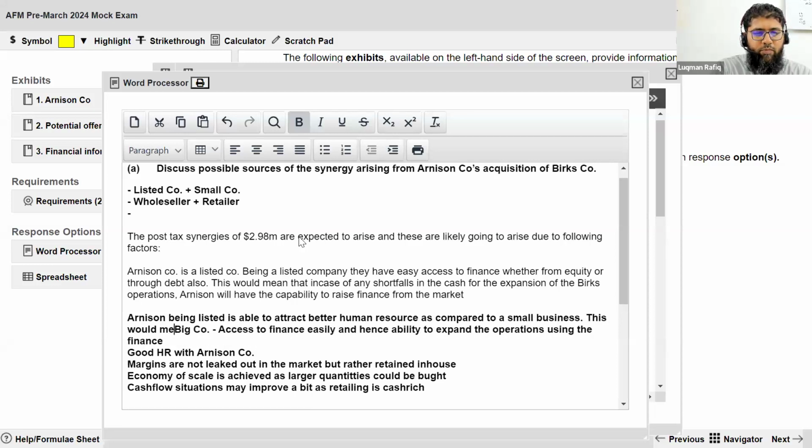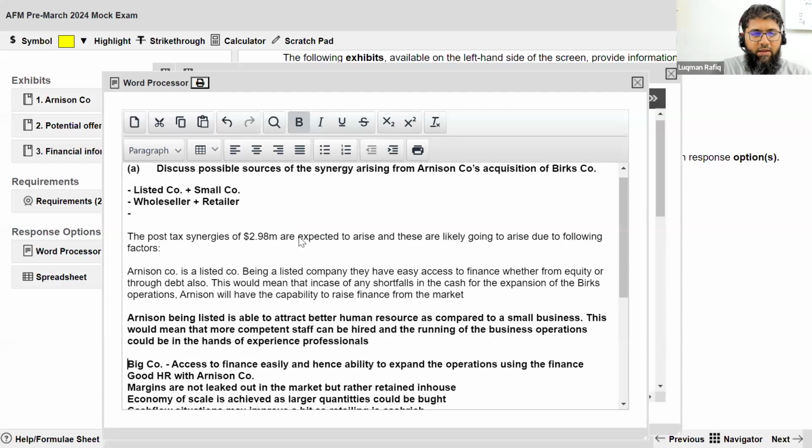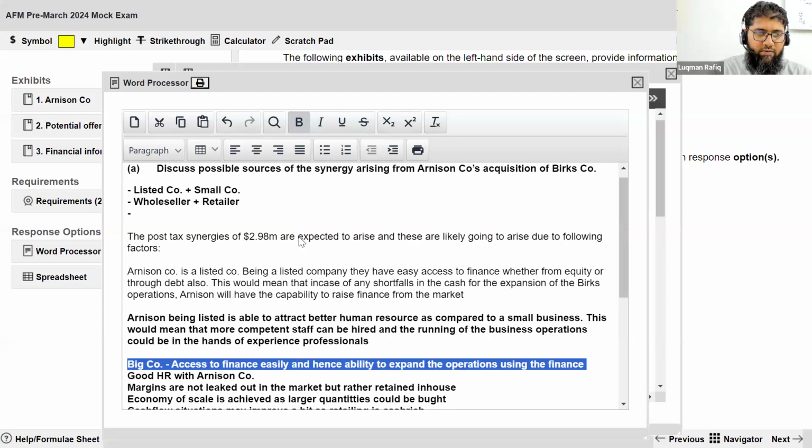This would mean that more competent staff can be hired and the running of the business operations could be in the hands of experienced professionals. See, you got to mention this factor also. The reason being that everything matters here.